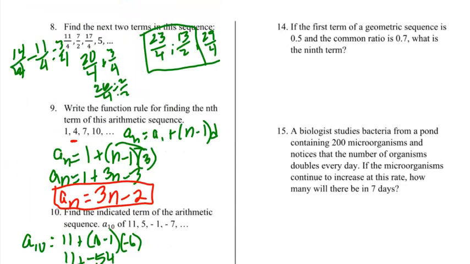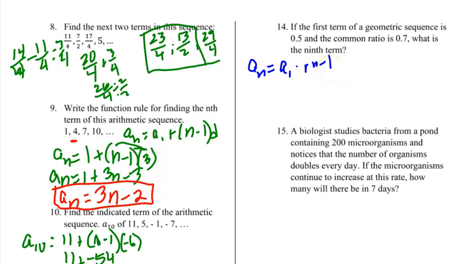Question 14, if the first term of a geometric sequence is 0.5 and the common ratio is 0.7, what is the ninth term? So we would have a subscript n equaling a subscript 1 times r raised to the n minus 1. So we're going to use that formula.